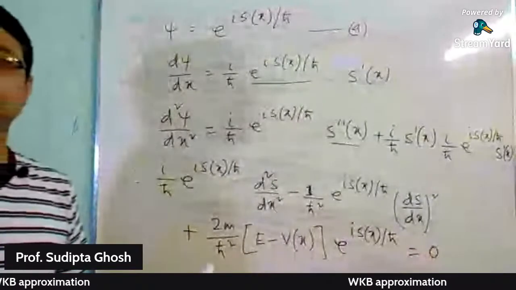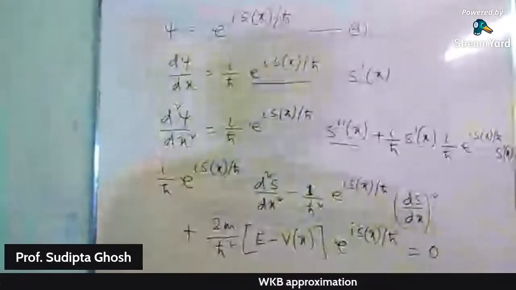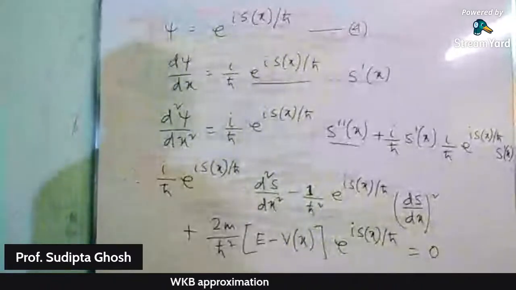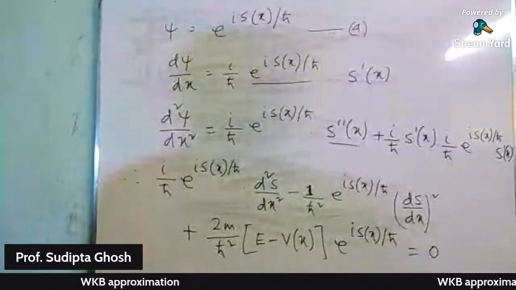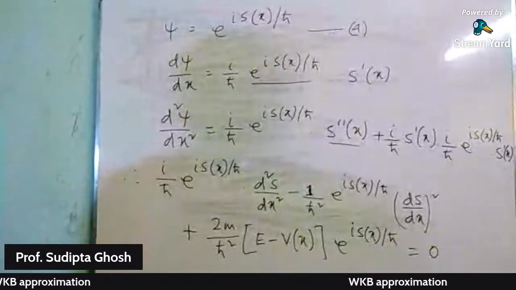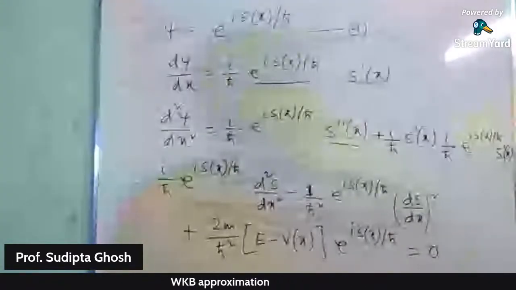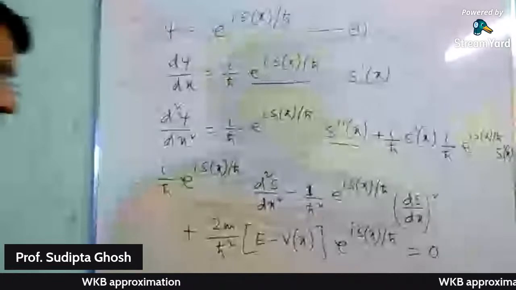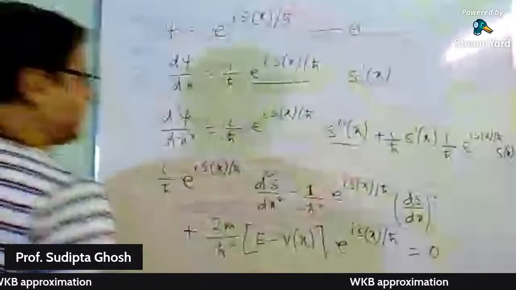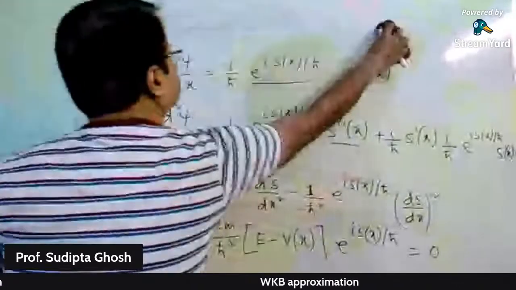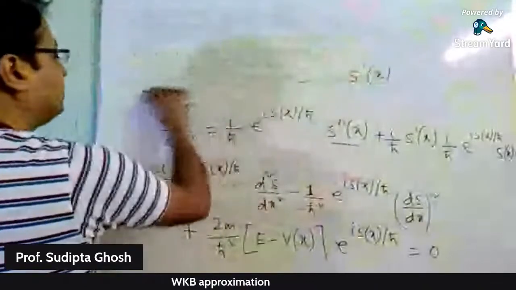So I have put the values of d2 psi dx2, d psi dx, and also the value of psi. Now I can cancel out e to the power i s(x) by h cut from all the terms.